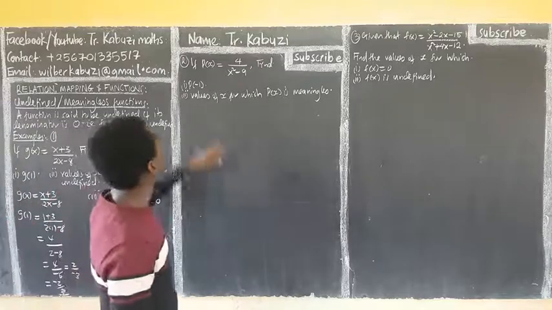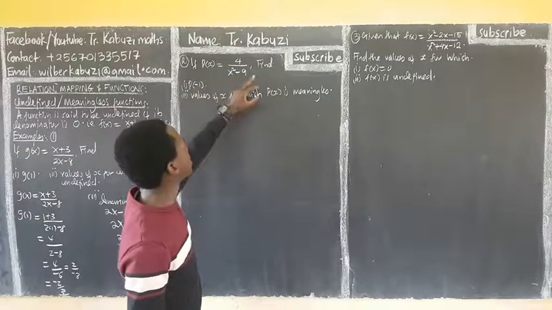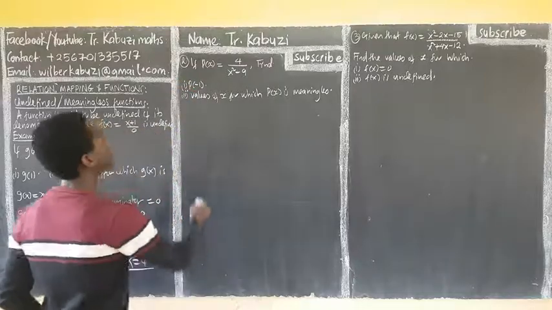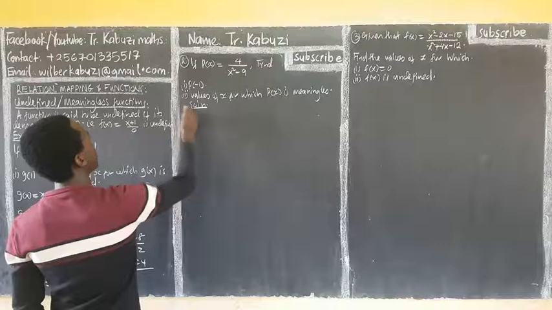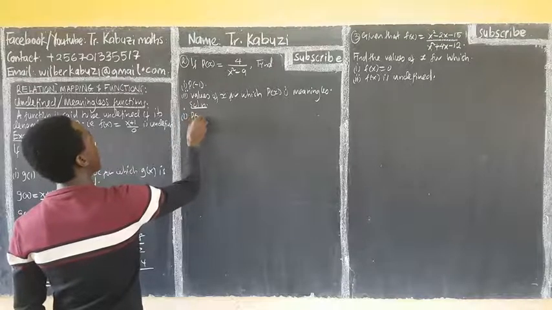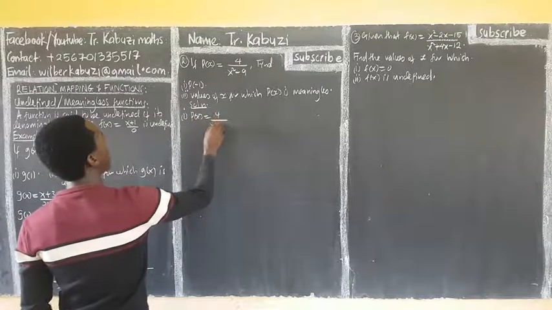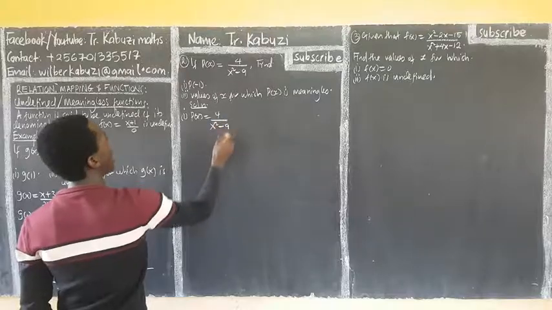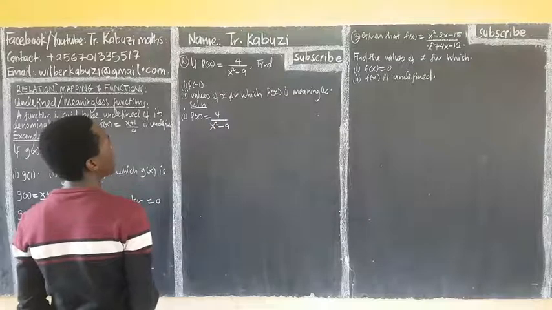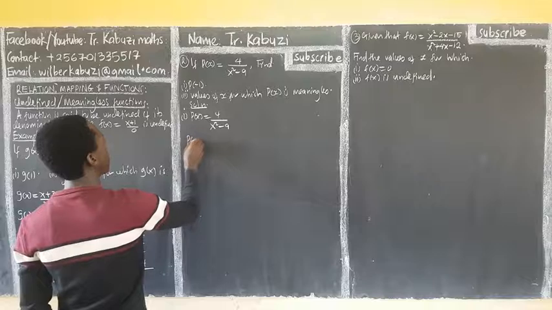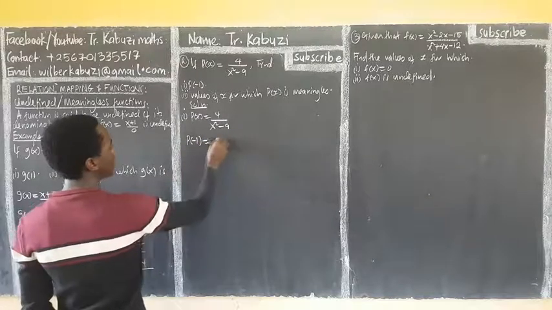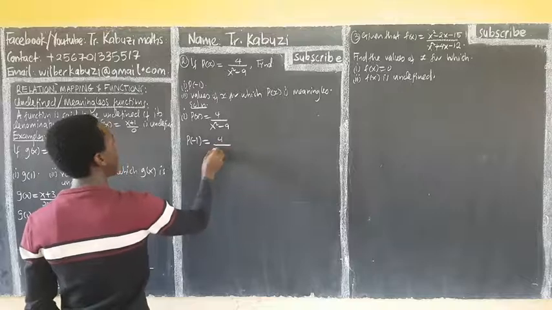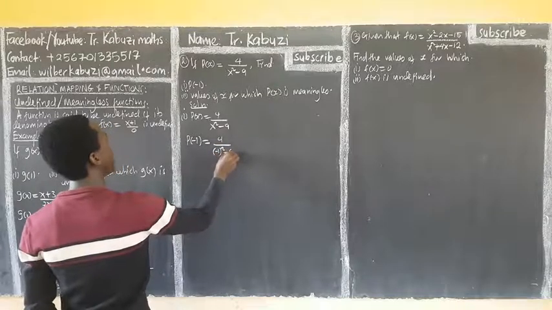Let us come to this. If p of x is this, find p of negative 1. In our solution, p of x is 4 over x squared minus 9. Now we put in our negative 1. So we have 4 over negative 1 squared minus 9.